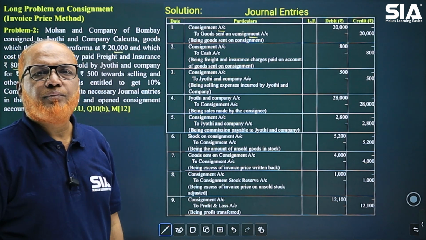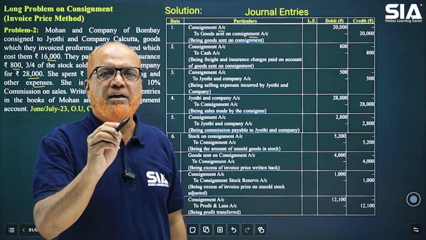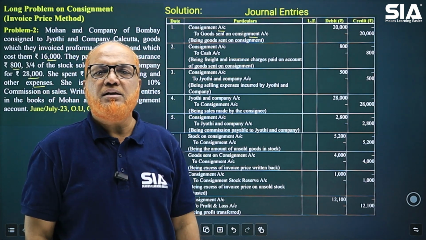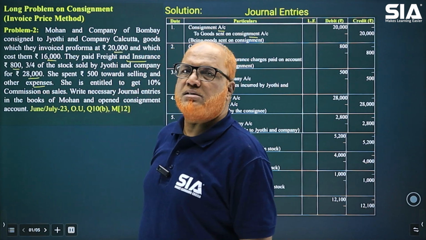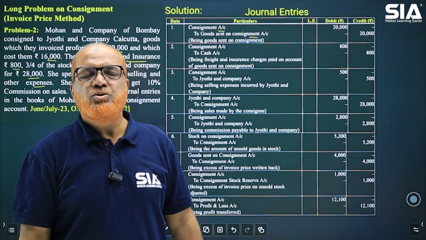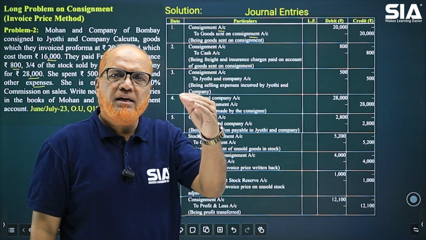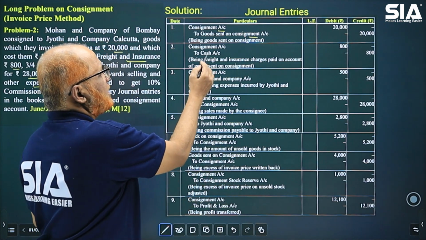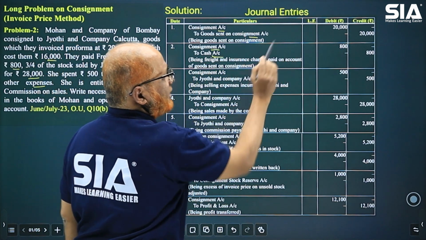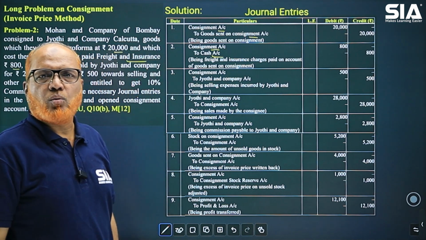Second entry is the expenses paid by the consignor. The consignor paid 800 rupees expenses, freight and insurance. It is given. So entry will be consignment account debit to cash. Here you can say consignment account debit to cash, 800. Two entries are over.